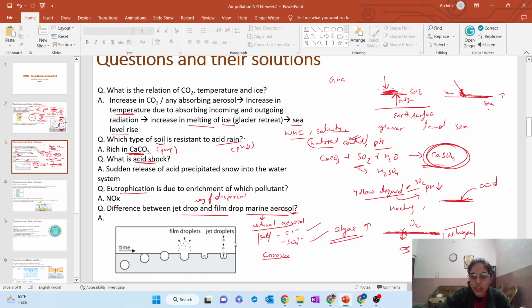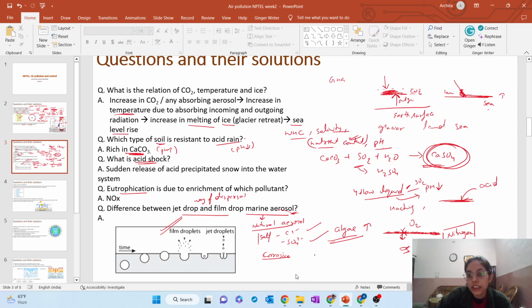On the other hand, in jet droplets, there is a unidirectional movement. In one direction only, there is a movement of these aerosols. So if I ask you which of these dispersal phenomena is more harmful, or highly corrosive, the answer would be film droplet, because they go in all directions, right?